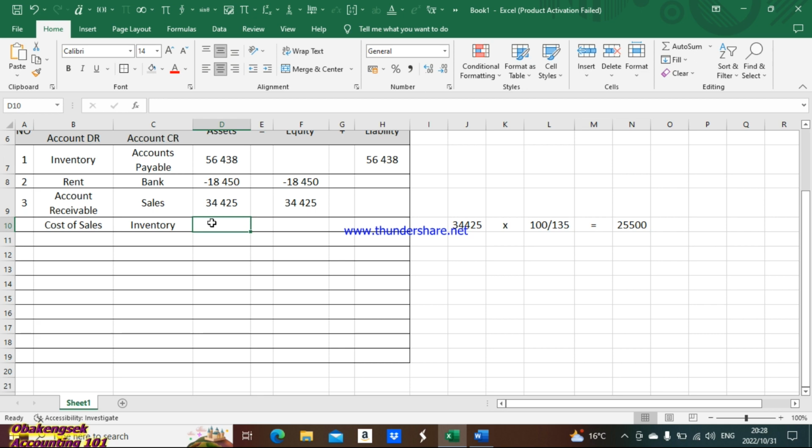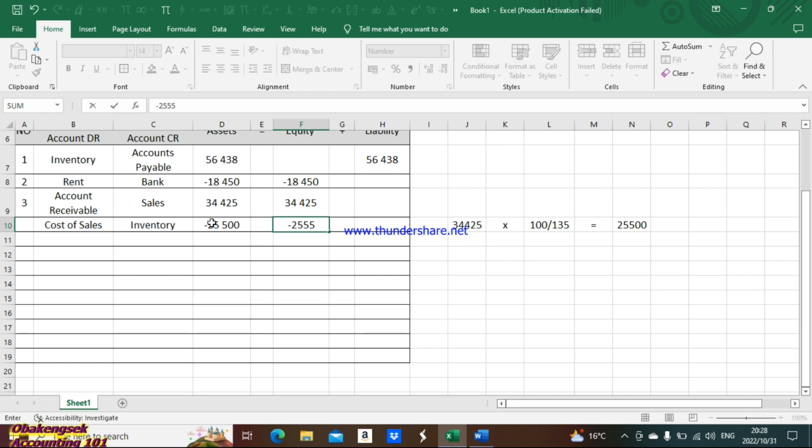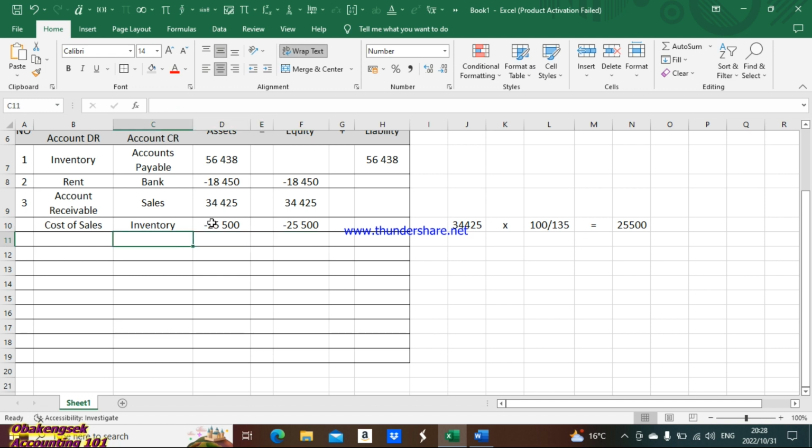That gives us 25,500. It's going to be a negative since this is stock going out. So inventory, as I said before, is an asset. Our cost of sales is an equity, 25,500.